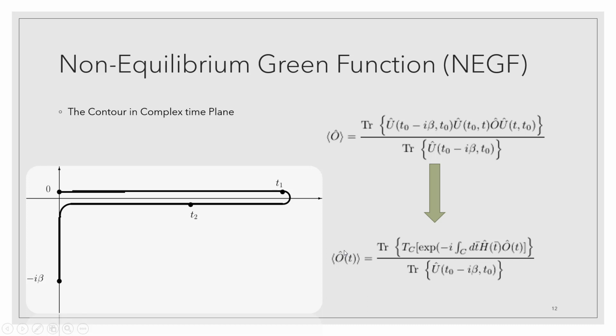That's the actual idea behind the non-equilibrium Green function: instead of having the time ordering and moving only in the real part or imaginary part, for zero temperature or not, we're moving inside the plane on a contour, and instead of a time ordering parameter, we now have a contour ordering, which orders the terms based on the order they appear on the contour. That's how we treat the non-equilibrium Green function, and this is very important to get the transport properties of systems.